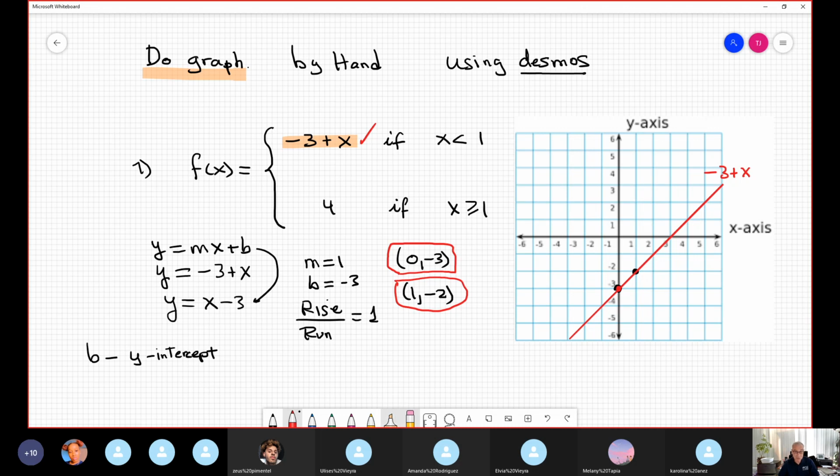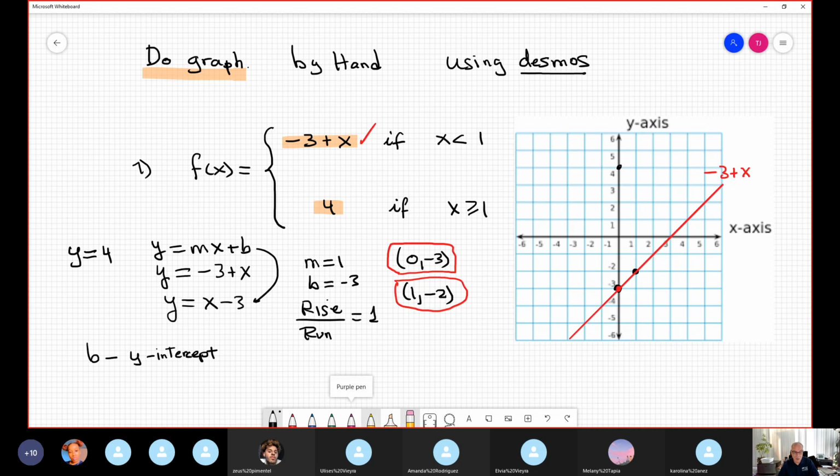Okay, let's do the second piece. The second piece is 4. You do the graph separately. y equals 4 is a horizontal line passing through 4: 1, 2, 3, 4, over there.